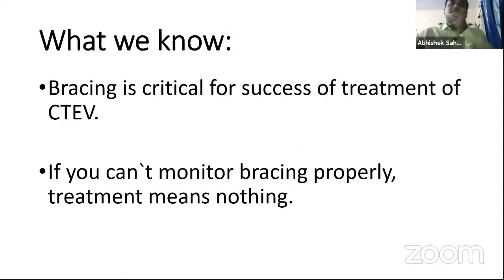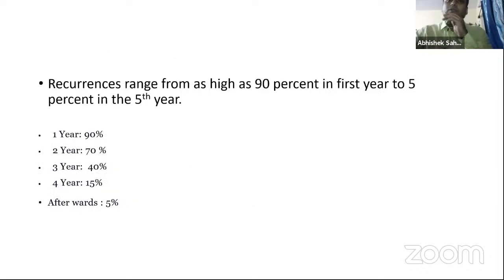Now, what we know is that bracing is critical for the success of the treatment. If you can't monitor the bracing properly, the treatment means nothing, because a high incidence of recurrence is associated with non-compliance or poor compliance with bracing.